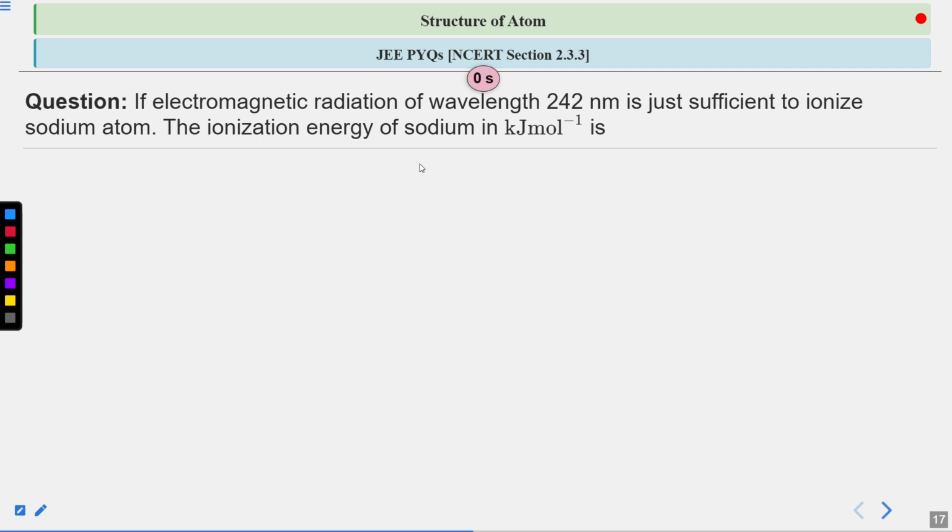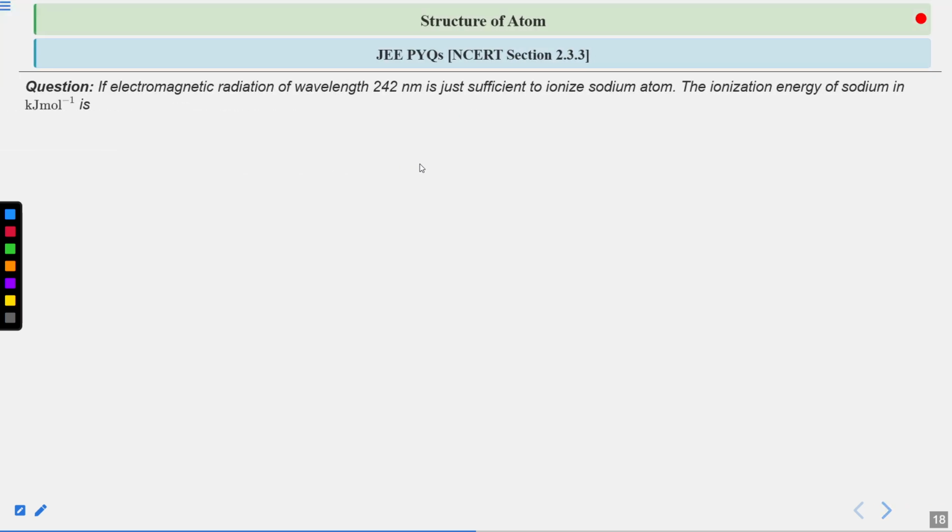Okay, let's see. For this given question, the correct answer is 494.65 kilojoule per mole. So let's calculate this stepwise.